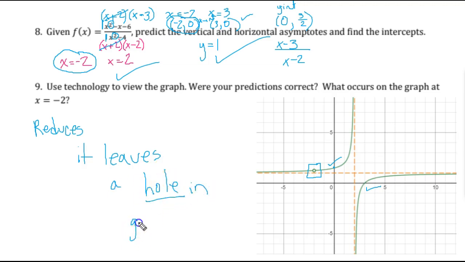The reason is because the factors divide out, they go away, and we end up just graphing what is left. The problem is those would not have divided if x was equal to -2. I cannot divide by 0, ever. So these would not have divided and gone away if I had had x equal -2.